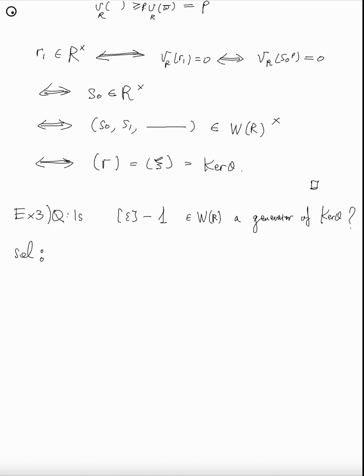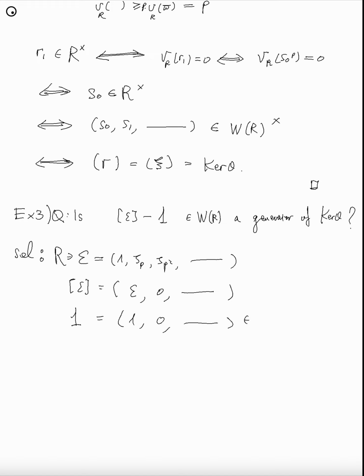We have to find the r_1 of this, right? Firstly, as an element of R, this is, recall, 1, zeta_p, zeta_p squared, etc. And the Teichmüller lift of this is this, 0 elsewhere, and 1, as an element of the ring, like this. I think this should be this, so correct me if I made a mistake.